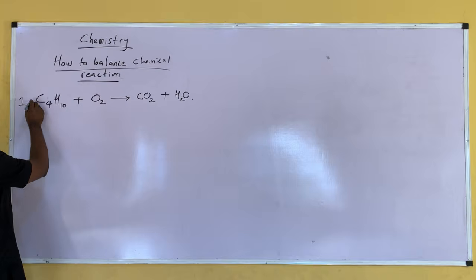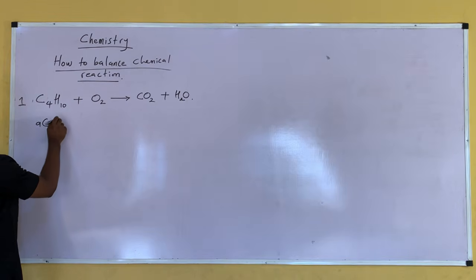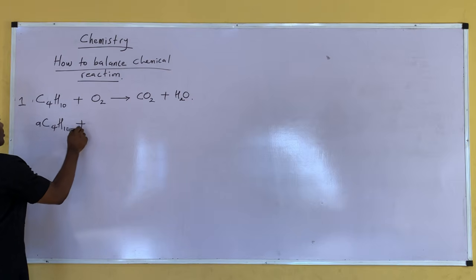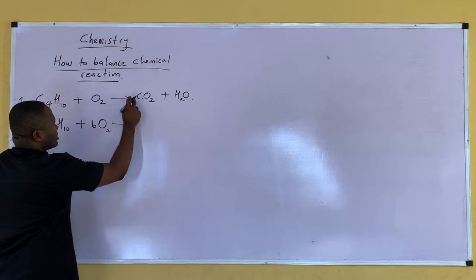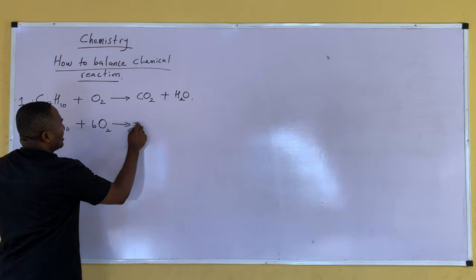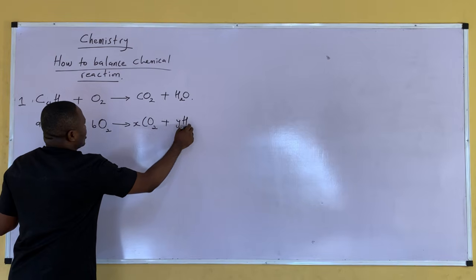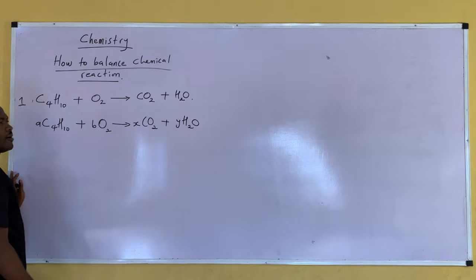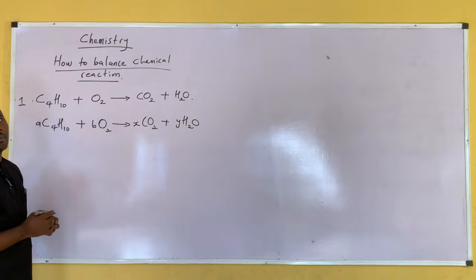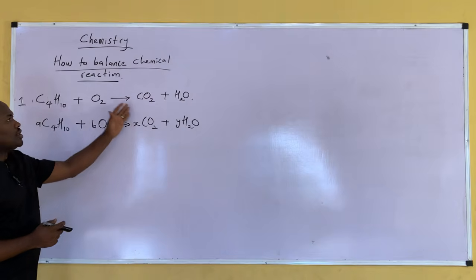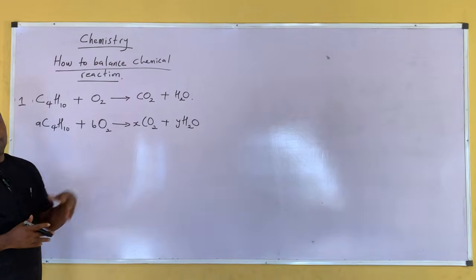So I give here A C4H10 plus B O2 to give us X CO2 plus Y H2O. Now I have given an unknown coefficient to all of my species that are reacting at the reactant side and at the product side.